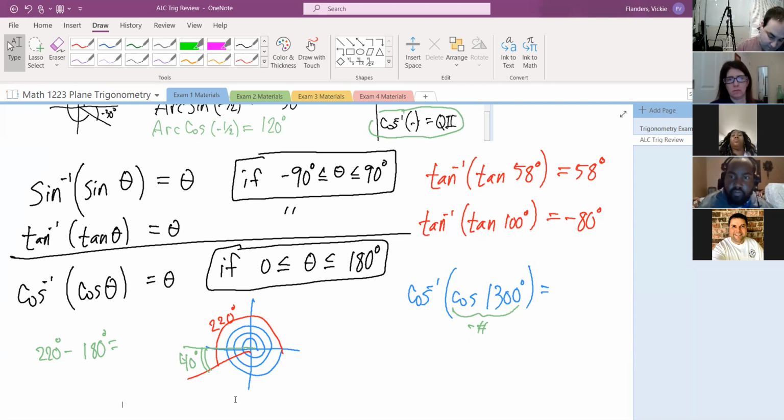So I'm going to take my reference angle, 40 degrees, and put it in quadrant 2. So 40 degrees in quadrant 2 gives me my result here. 180 minus 40 is 140. So notice, if you were to type this in your calculator, the answer there is 140 degrees.